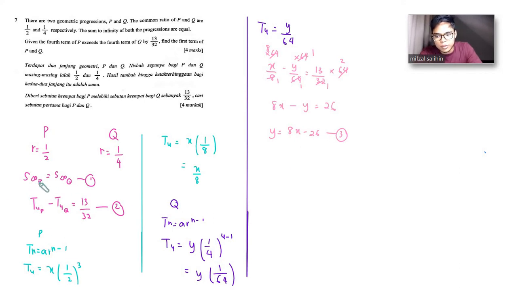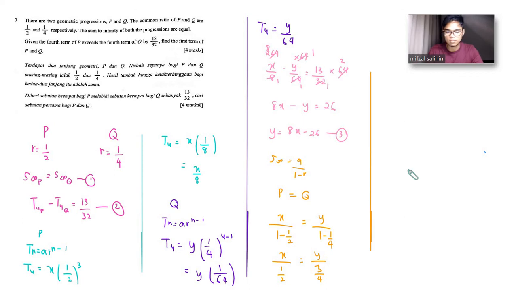And now we can do the S infinity. We know that the formula for S infinity is a over 1 minus r. So S infinity of P is equivalent to S infinity of Q. What we'll have is x over 1 minus 1/2 is equivalent to y over 1 minus 1/4. So we'll simplify everything. x over 1/2 is equivalent to y over 3/4.